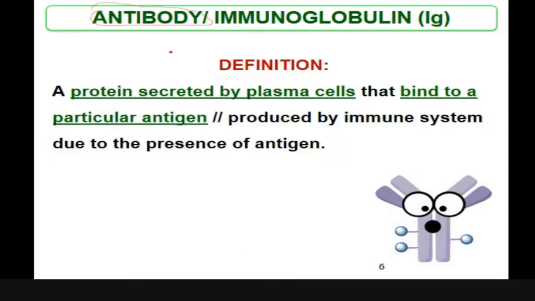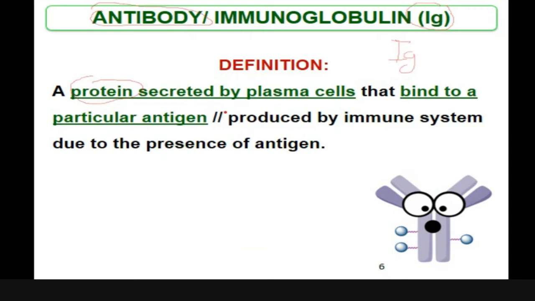So antibody is a very important substance in our immunity. Another name for antibody is immunoglobulin. The abbreviation for immunoglobulin is Ig, not Instagram. Mesti huruf besar I and then g is small letter. So what is antibody? It is a protein. Mesti ada perkataan protein.